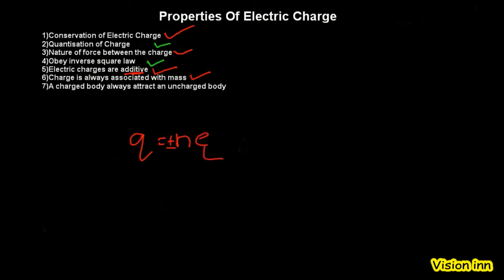Now e is the charge on one electron, and every electron has mass, so definitely the total charge will also have mass. So this property says electric charge is always associated with mass, that is, charge cannot exist without mass, though mass can exist without charge. So with this we will move on to the next property, that a charged body always attracts an uncharged body.